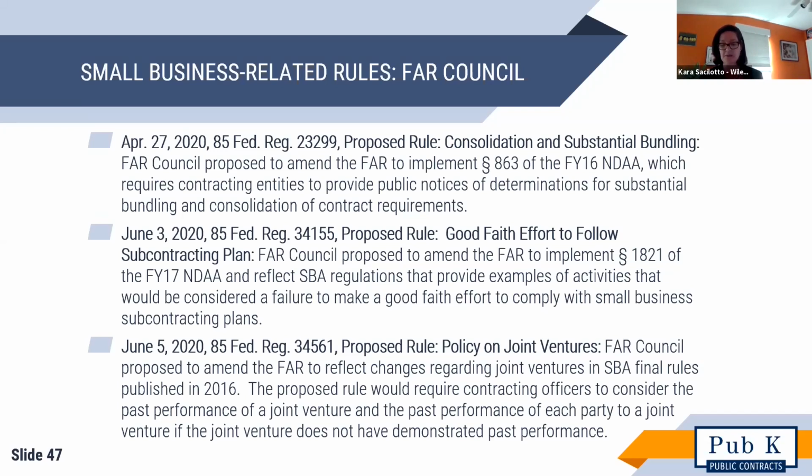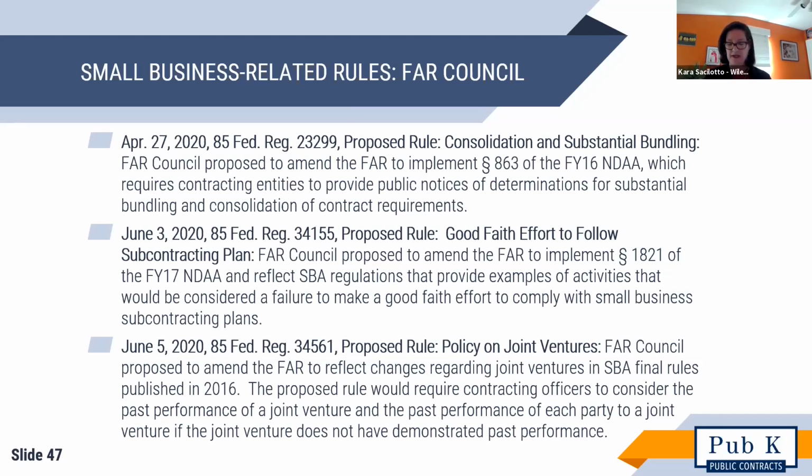The second bullet is a proposed FAR rule to implement Section 1821 of the fiscal year 2017 NDAA and associated SBA regulations regarding good faith efforts to comply with small business subcontracting plans. The proposed FAR clause 19.705-7 provides indicators of what is a good faith effort to comply with the plan, as well as examples of what might not be a good faith effort.